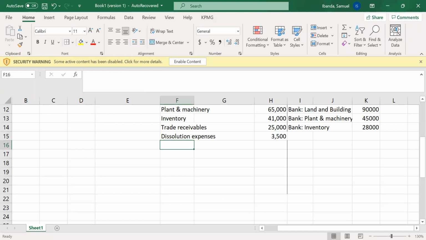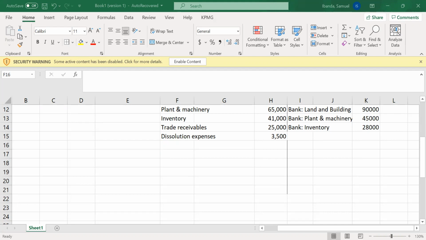Okay. Now, after we have taken into consideration our dissolution expenses within our realization account, I want us to now look at the aspects of whatever was taken over.